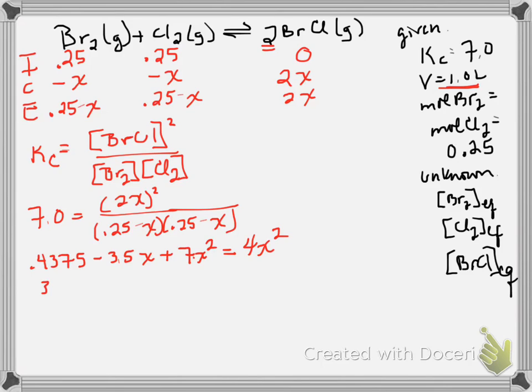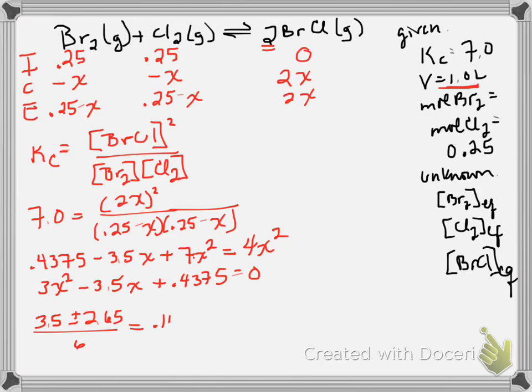Then my quadratic equation, 3x squared minus 3.5x plus 0.4375 equal to 0. Using the quadratic equation, I end up with 3.5 plus or minus 2.65 over 6, which gives me 0.14 or 1.025.